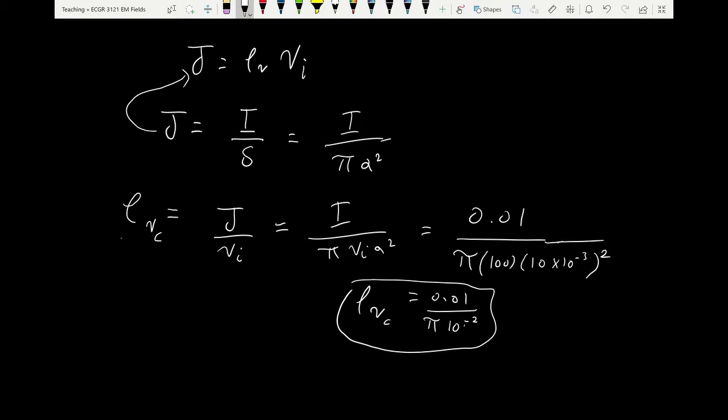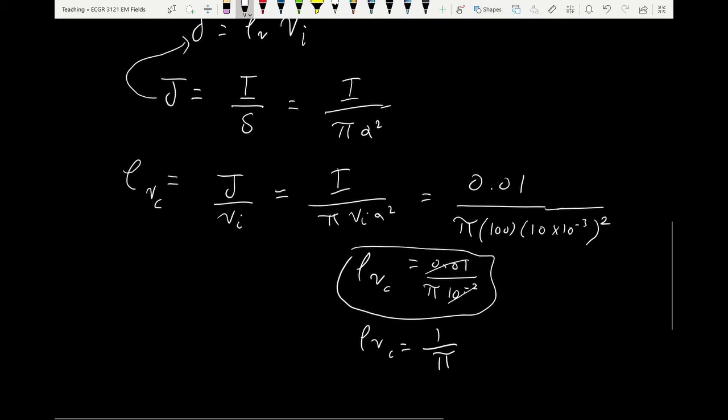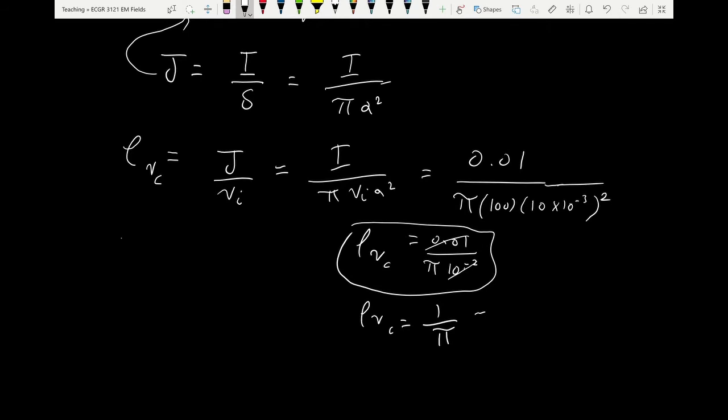Yeah, so this cancels clearly with this, and rho VC, right? 0.01 is 10 to the power minus 2, right? So rho VC is 1 over pi, which is approximately 0.3183 coulomb per meter cubed.